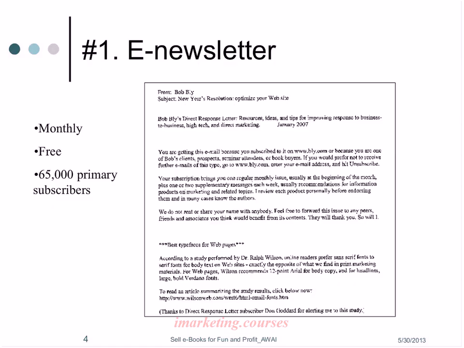And again, we'll talk about how to build that list a little bit in a minute here, and then in much more detail next week. But you publish it at some regular schedule.